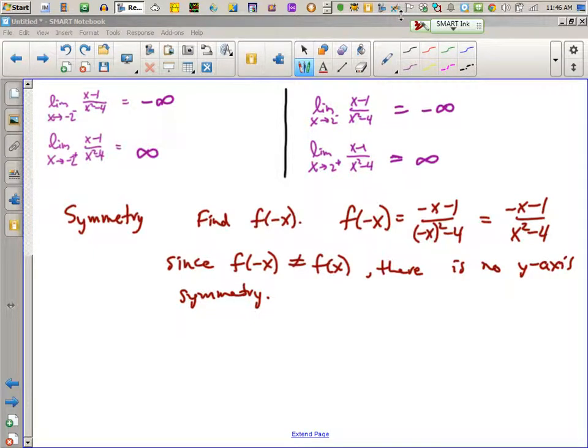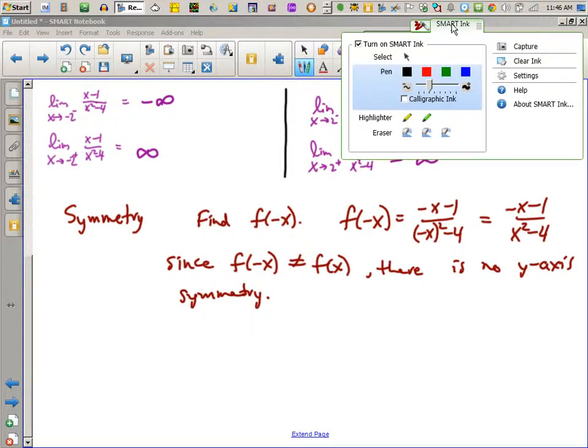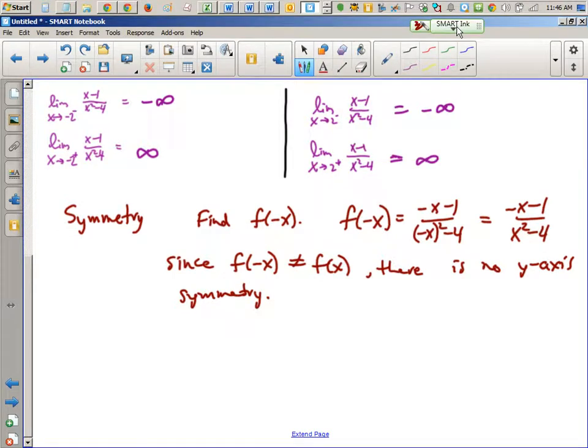All right, so we were saying there's no y-axis symmetry. Also, as you know, some graphs, like this English letter N, right? The English letter N is interesting because if you flip it backwards, it doesn't look like an N anymore, it looks like this.